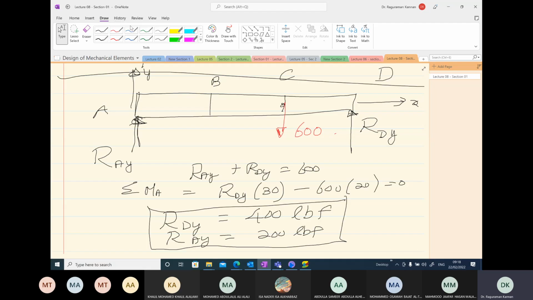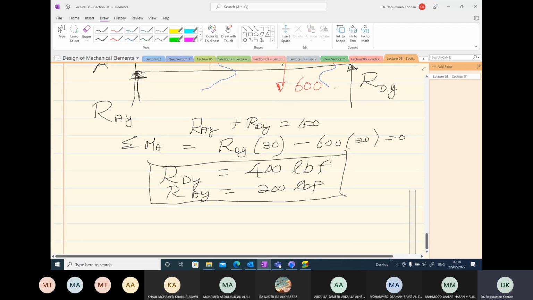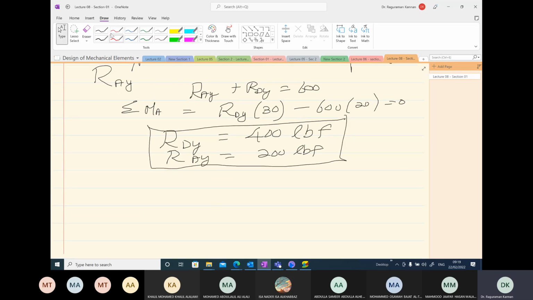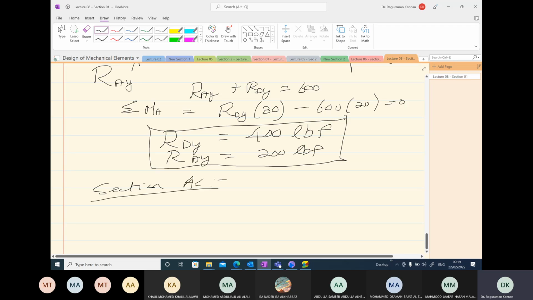So let's make a cut. In section AC, one cut. In section CD, one cut. That's it. Draw the free body diagram in one of the sections. The force right at point A, we already know, is 200 pound force.